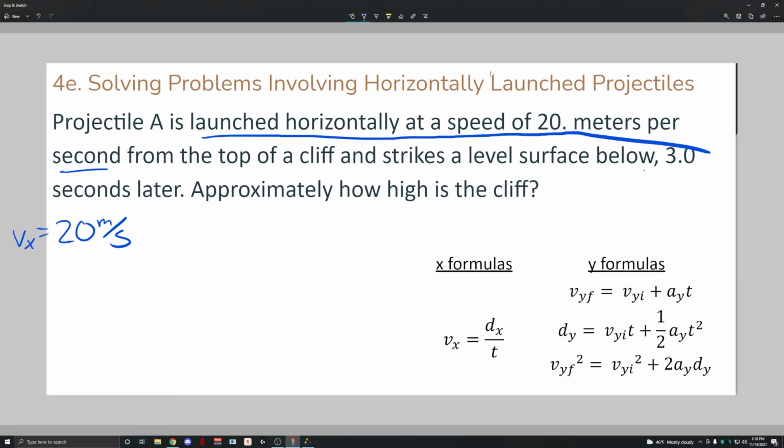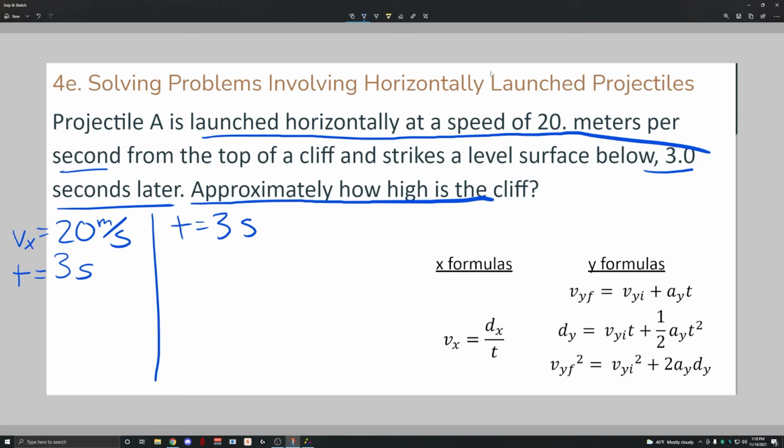It strikes the level surface below 3 seconds later. So time is 3 seconds. Approximately how high is the cliff? So they're asking you for a height thing, so that's a y thing, right? How high something is, that's a y-axis thing.